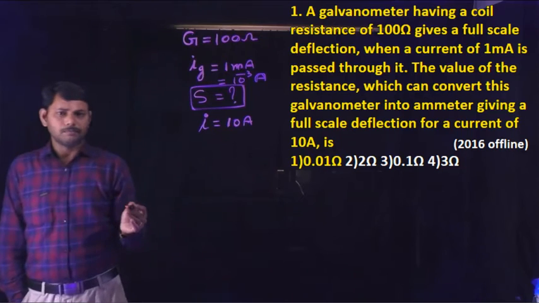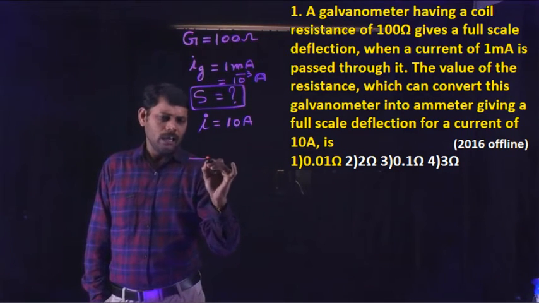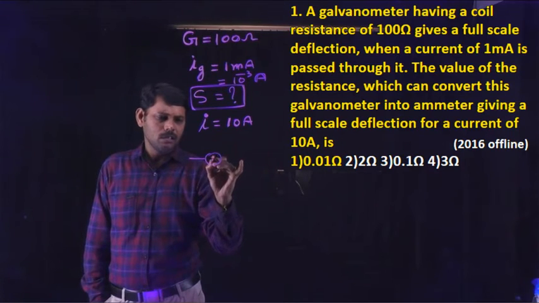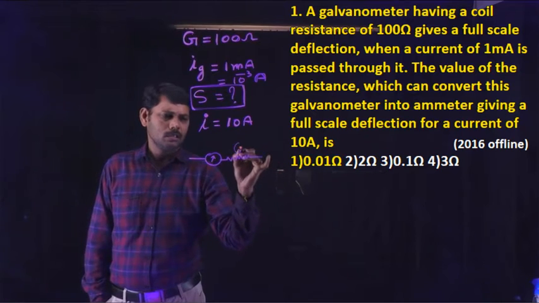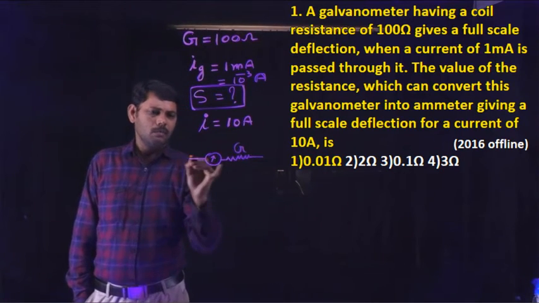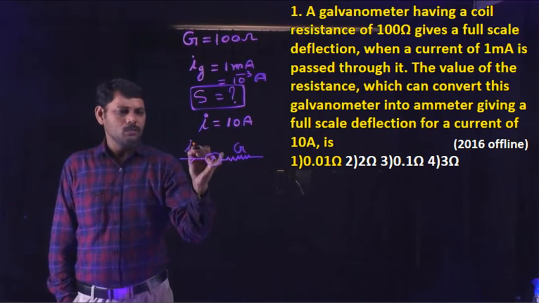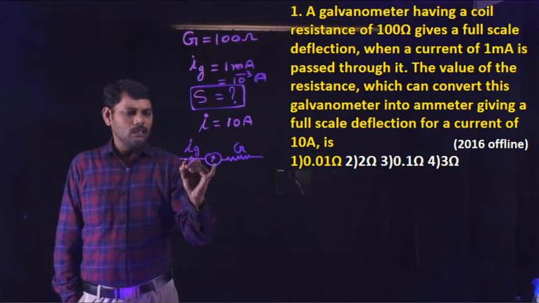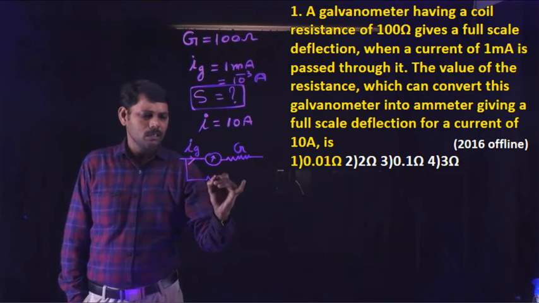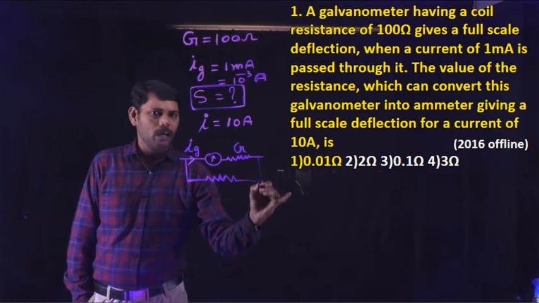We know that if we have a galvanometer with resistance G and the maximum current that passes through the galvanometer, the maximum deflecting current, is I_G, then we convert the galvanometer to an ammeter by connecting a small resistance in parallel to it.